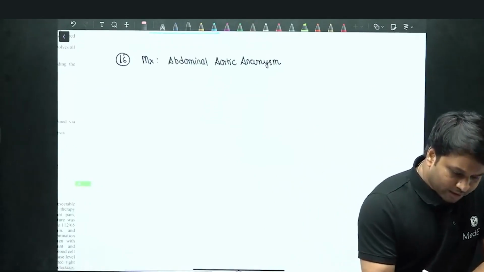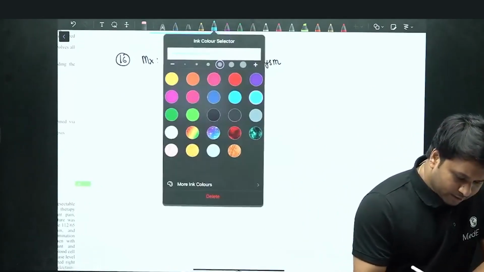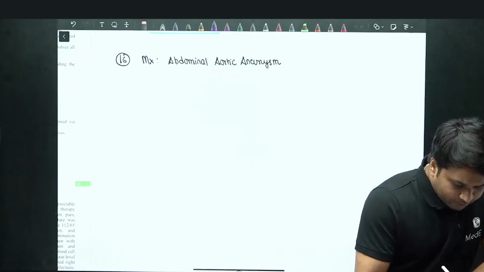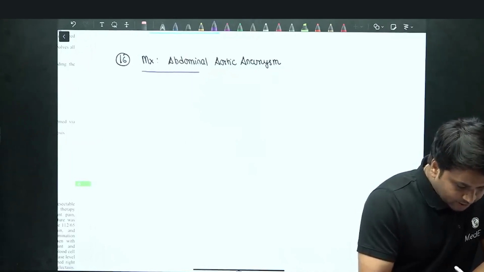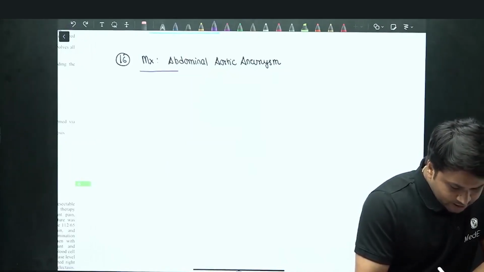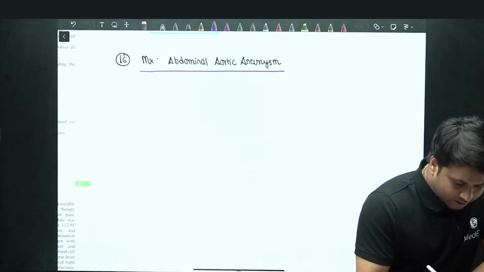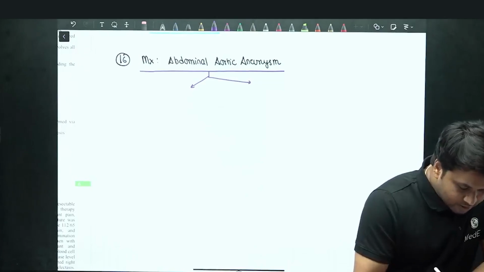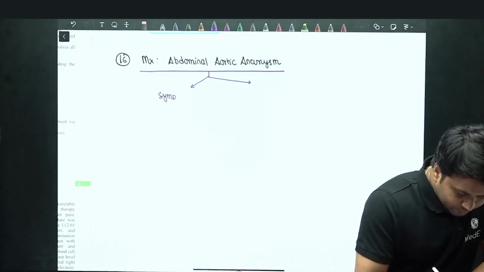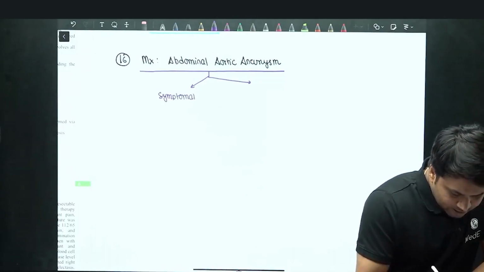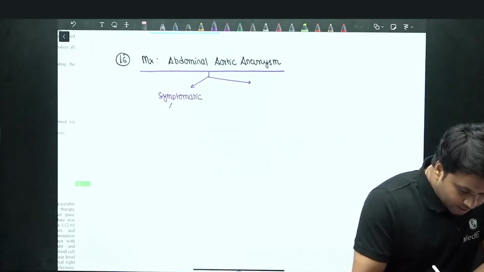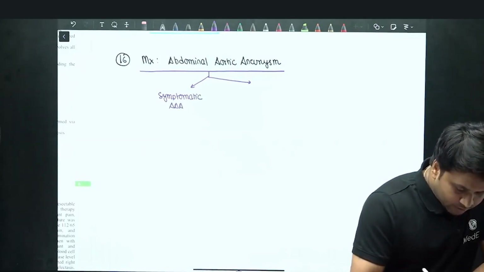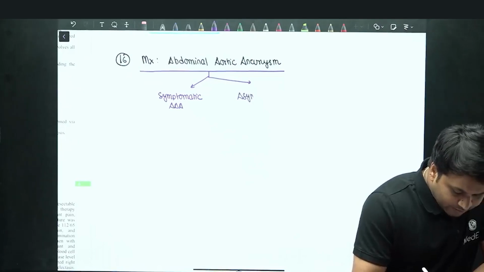Now, in the abdominal aortic aneurysm, the first thing you have to see is whether it is symptomatic or asymptomatic. Whether the patient presented to you with symptoms, or it is incidentally found, asymptomatic.